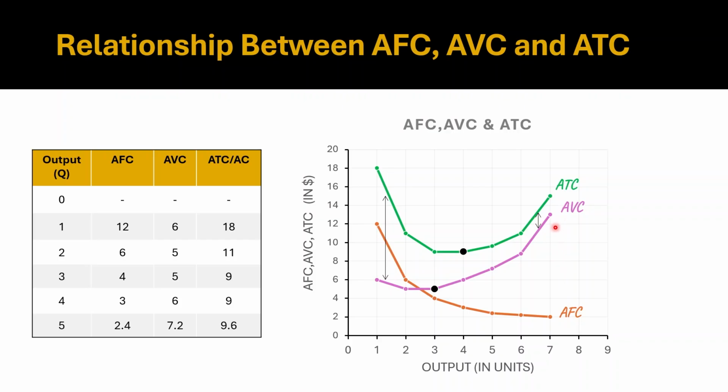This happens because the vertical distance between them is actually AFC, which you know can never be 0. Remember that this relationship between AFC, AVC and ATC is extremely important and this is where you will find a lot of questions being asked. So prepare this very thoroughly.